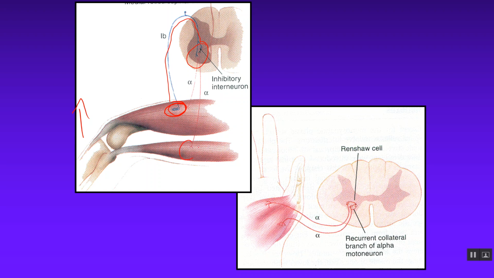If you want to inhibit your hamstrings, you have to go down a few levels: your quads are L2 through L4, and your hamstrings are S1 to S2. They're just showing it all at one level for simplicity's sake, but it's going to go down a level, and then there's an inhibitory interneuron that tells your hamstring to turn off or turn down.